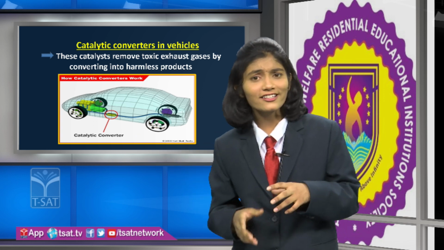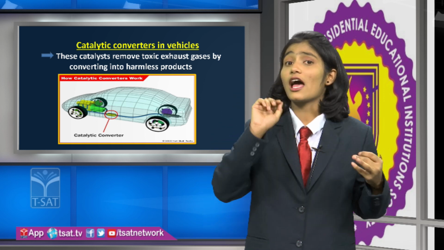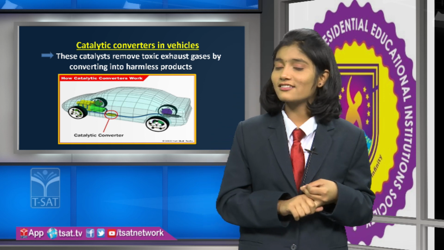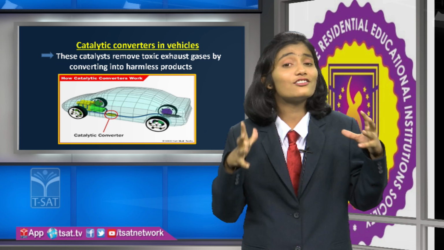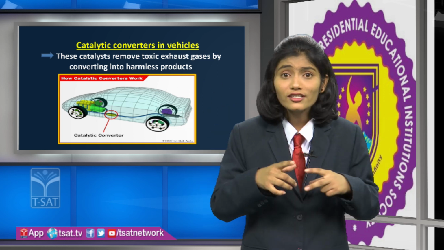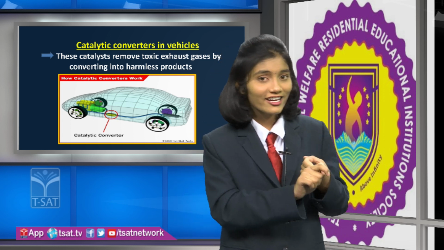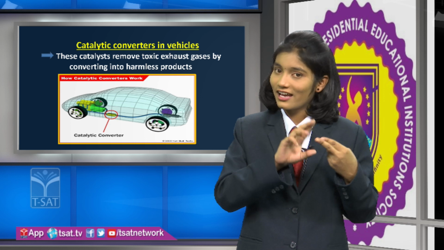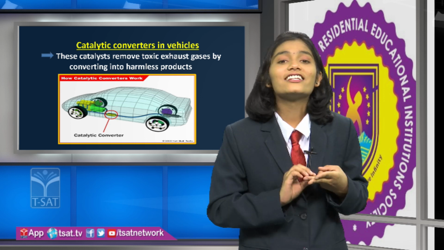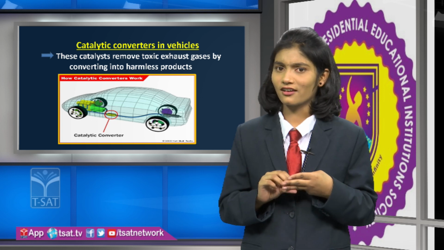So far, friends, we have discussed what a catalyst is, the process called catalysis, and the applications of catalysis in our daily life. Where do we use catalysis in our daily life? One is the Haber process, the contact process, and in catalytic converters in vehicles, right?